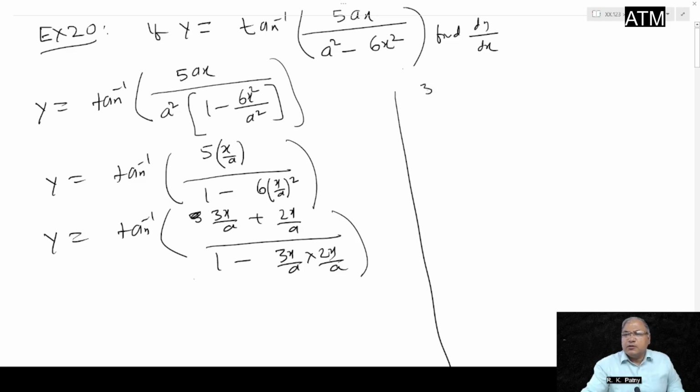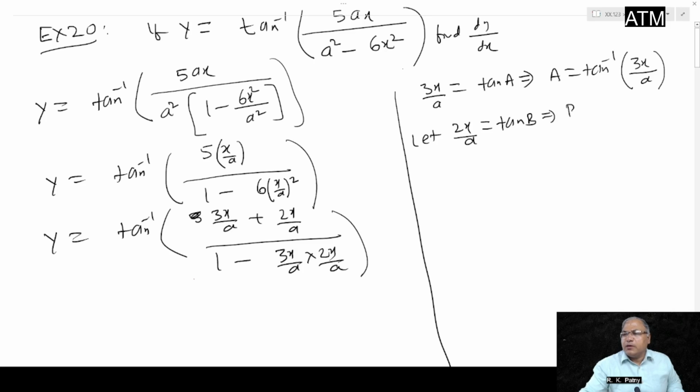Now let 3x upon a equal tan A, which implies A equals tan inverse of 3x upon a. Let 2x upon a equal tan B, which implies B equals tan inverse of 2x upon a.